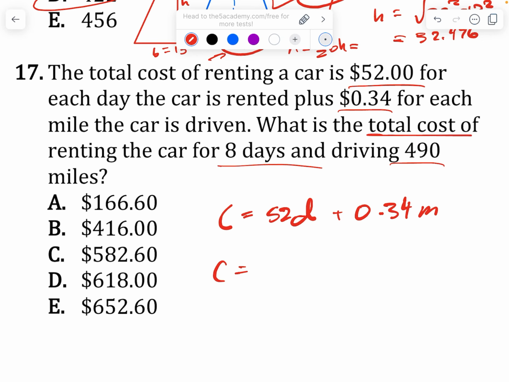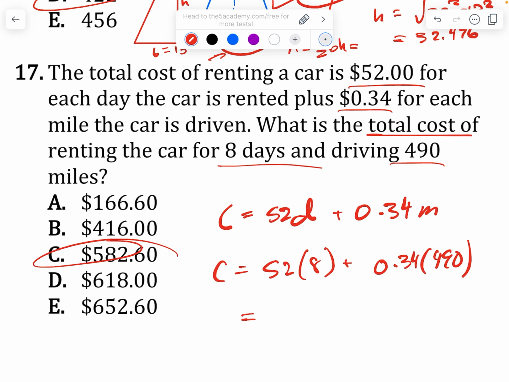We're going to still evaluate cost. For renting the car for 8 days, 52 times 8 days plus 0.34 times 490 miles, right? This is going to give you your answer. 52 times 8 plus 0.34 times 490 is 582.6.